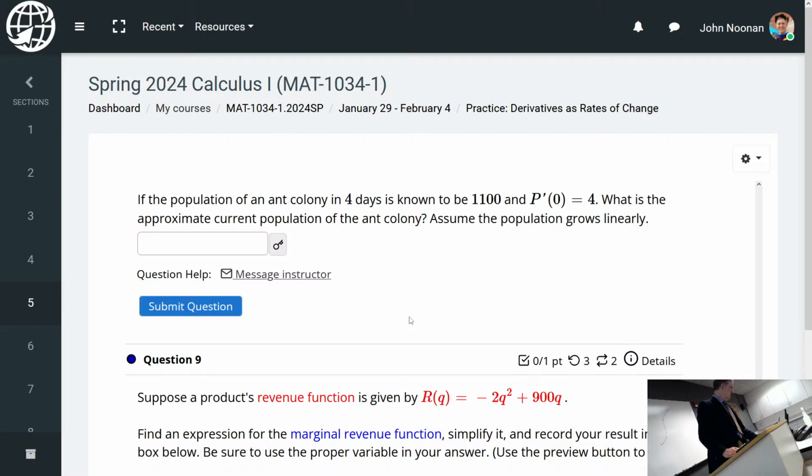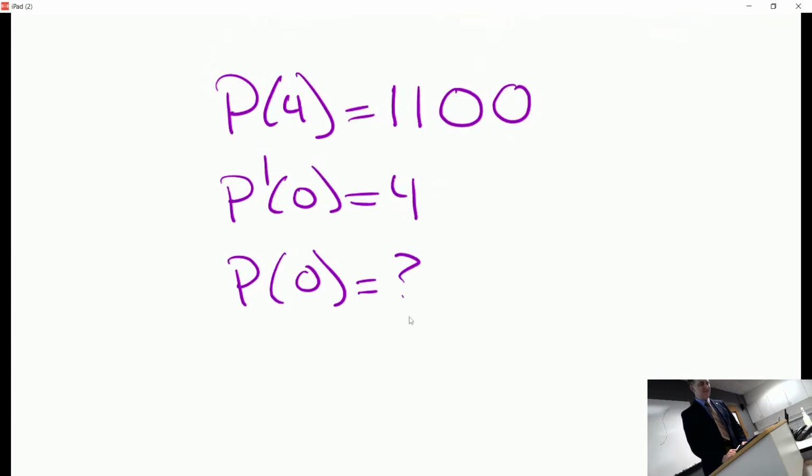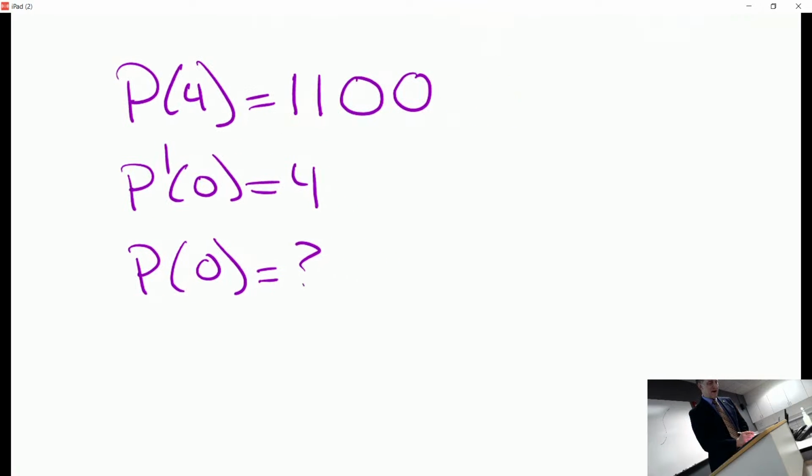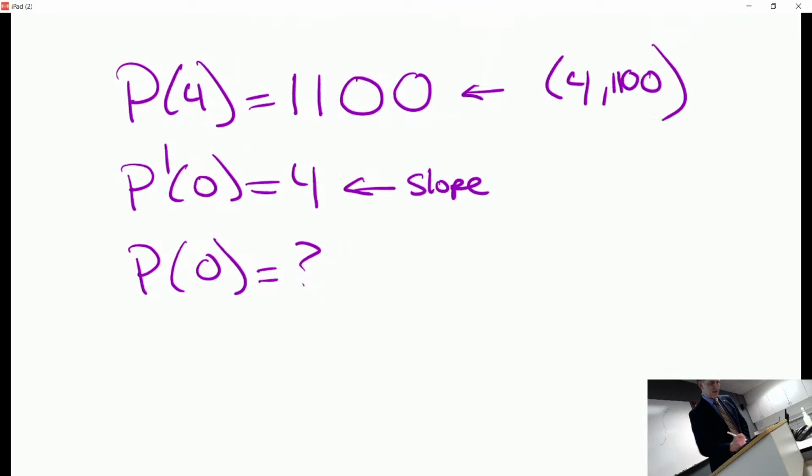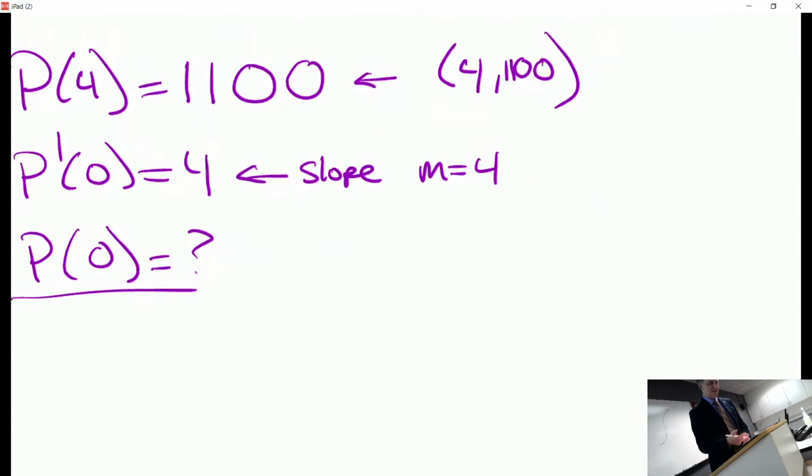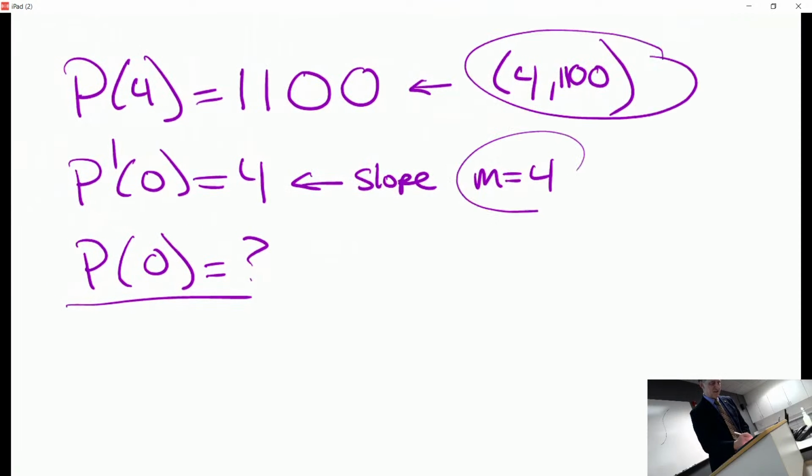Okay, here it is. Yeah, you're overthinking it. This is very similar to the other problems that we did in the sense that you have this slope. So here's the slope. Here's the point for 11,000. So the slope m is equal to 4. And we're just trying to figure this one out. So the way you would do this, basically you just work this out. Here's a point, here's a slope.